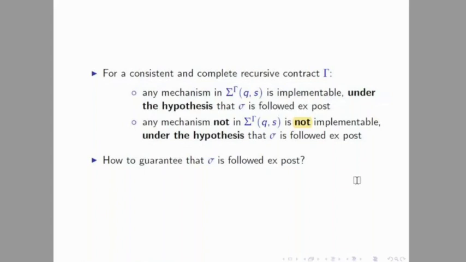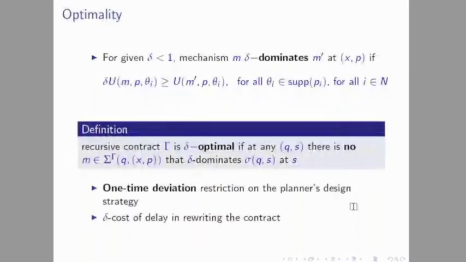So, in particular, the choice set capital sigma contains all the feasible mechanisms that can be played if the mediator so chooses. Now the question is how to guarantee that indeed there is not going to be any deviation to sigma ex post or at any other stage. It's the optimality condition that we are going to introduce next.